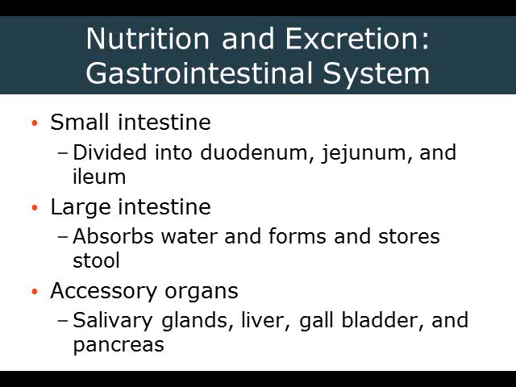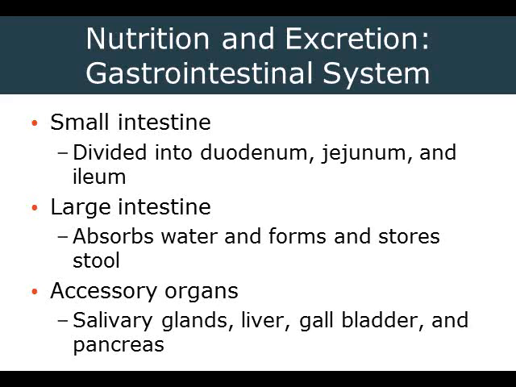If they're extremely loose, usually that's a lot of trips to the bathroom every day. But so the amount of water that is in your final product is basically controlled at the large intestine. And then it is stored in the rectum. The solid waste is stored in the rectum until a time which the rectum becomes stretched enough that it decides, okay, let's get rid of this. And obviously you get the urge to go to the restroom.